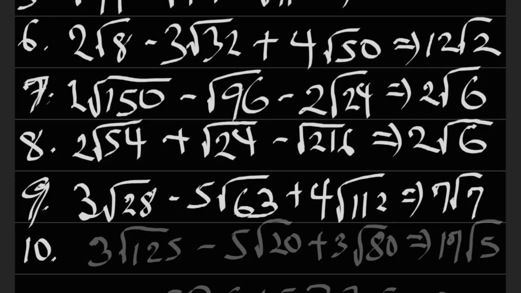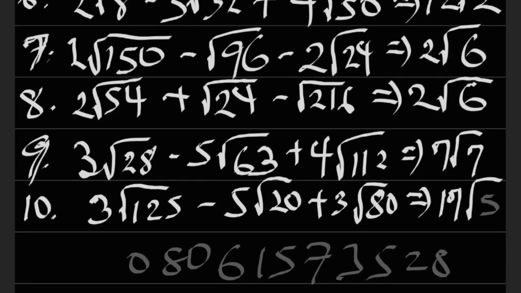Question number 10, which is the last question. 3 root 125 minus 5 root 20 plus 3 root 80. If your work is correct, your final answer will be 17 root 5.